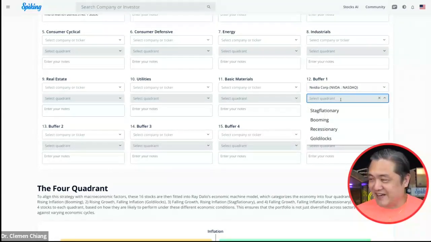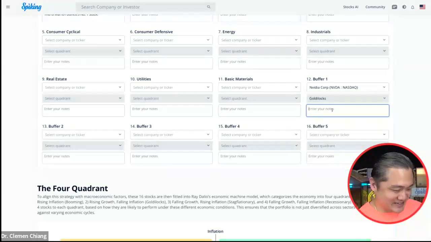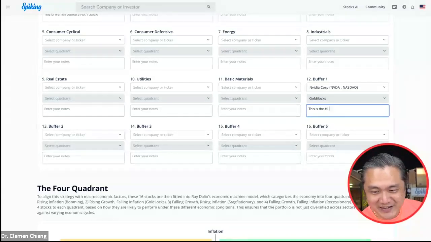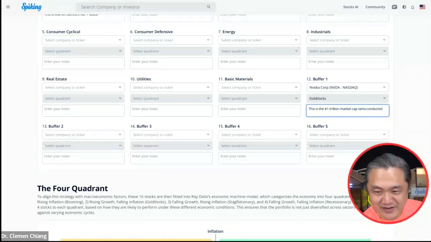NVIDIA is like, in whatever economy, everybody needs semiconductor chips. It's like Goldilocks. This is the number 1 trillion market cap semiconductor company in the world.